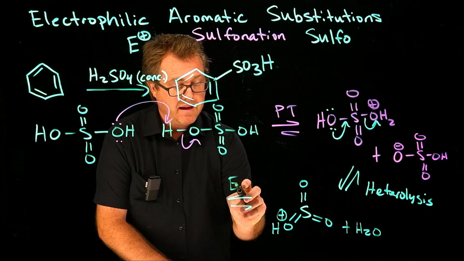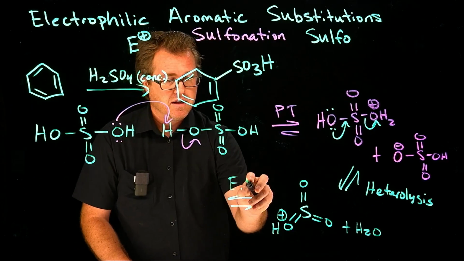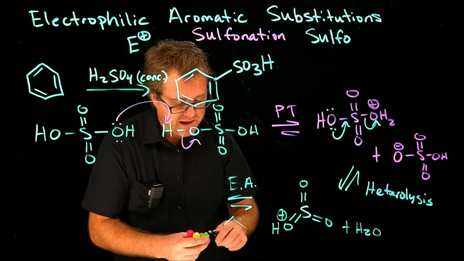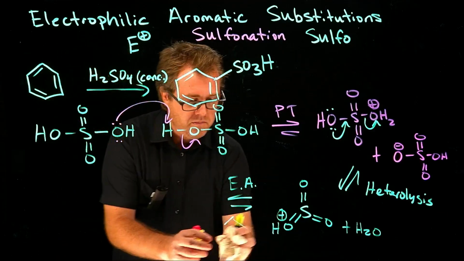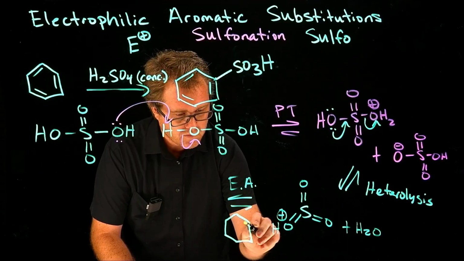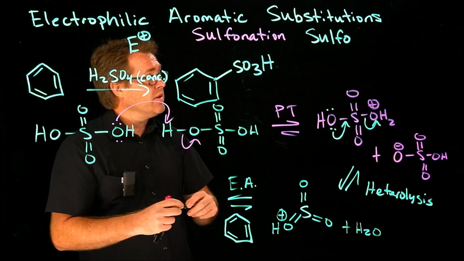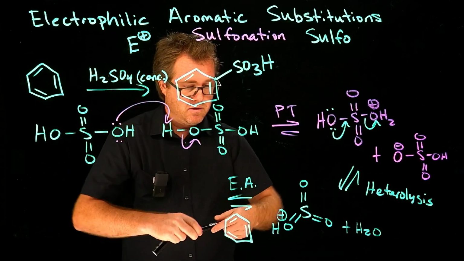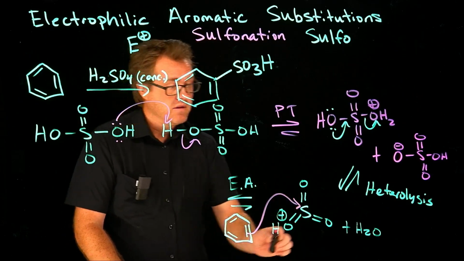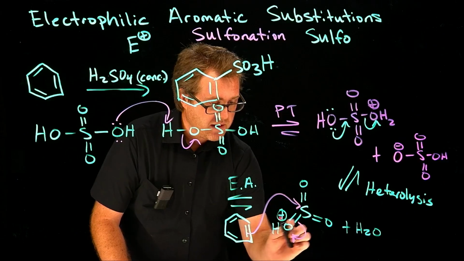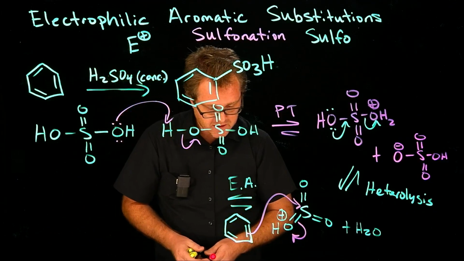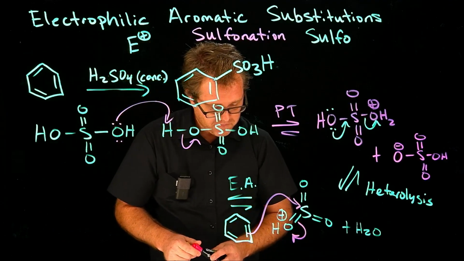After we do heterolysis, what's going to be the next step? That would have to be the electrophilic addition step. That's where you take your benzene ring. There's our benzene ring. And then the pi electrons come in and attack the sulfur, and kick that off like that. All right, there's our electrophilic addition step.